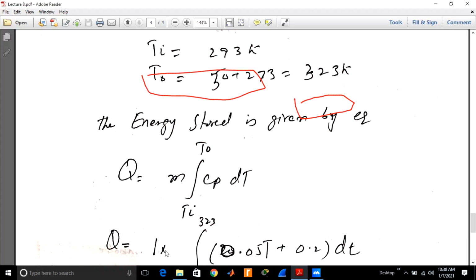Now write the equation, this is unit time. So unit time means that M is equal to 1, integration from Ti, meaning 293 to, let's start this in the whiteboard.